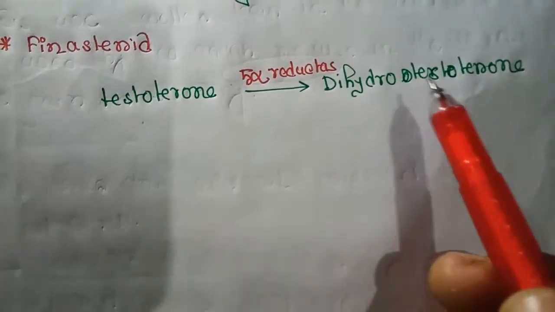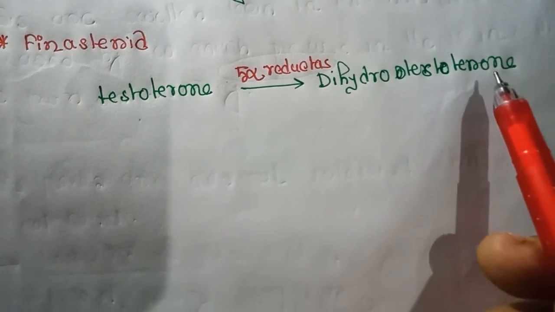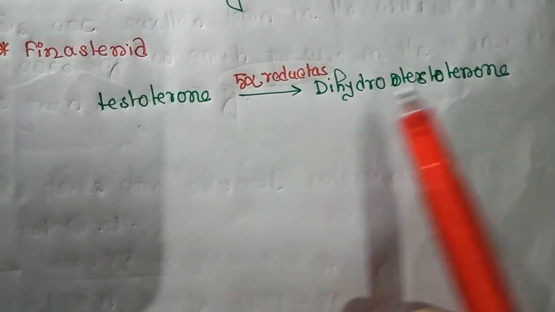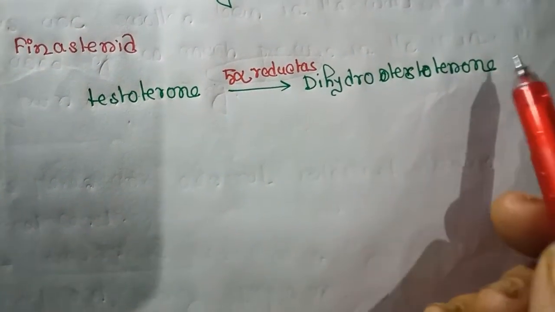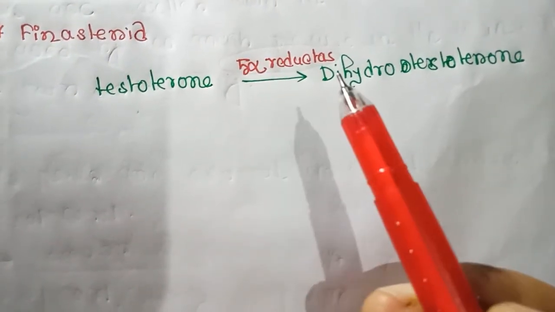And this dihydrotestosterone is a critical mediator of prostatic gland growth. If this conversion does not occur, then dihydrotestosterone production is reduced. So, the prostate does not enlarge.